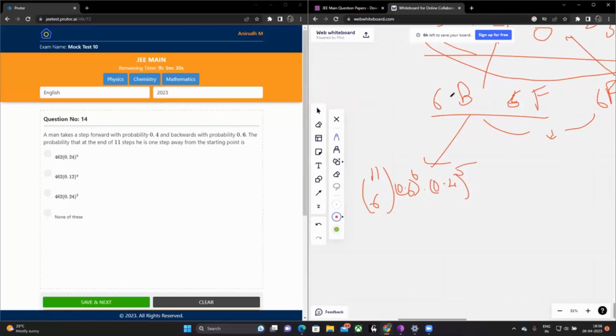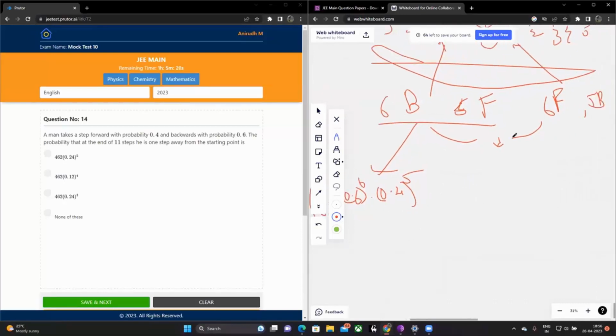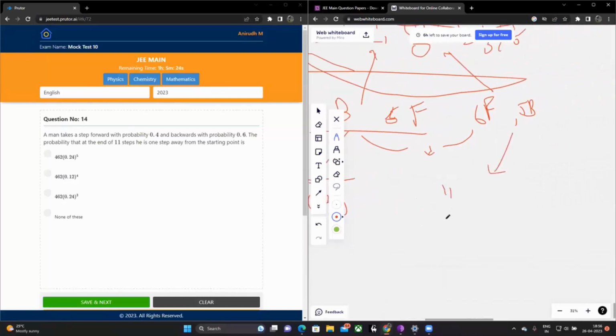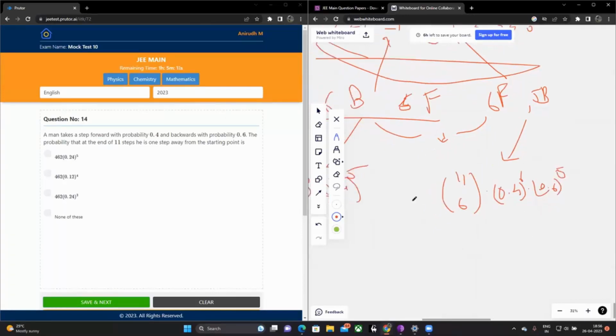Because if you choose 6 backwards, the other remainings are forwards only, right? And this is basically 11C6 into 0.4 to the power 6 into 0.6 to the power 5, right?